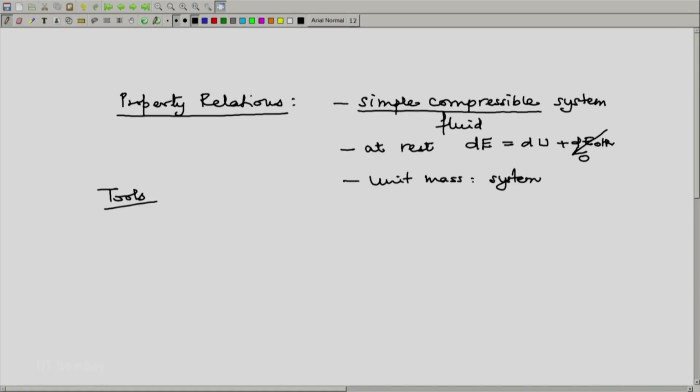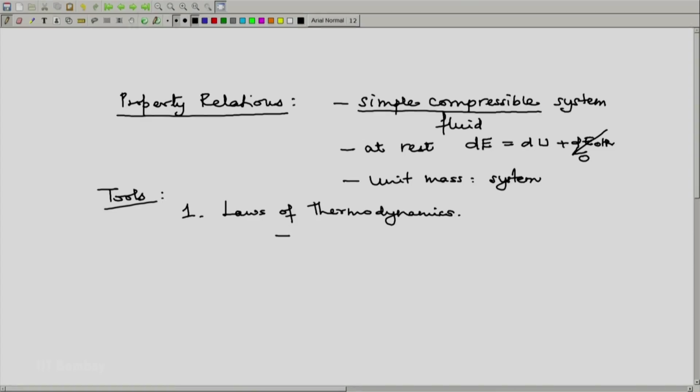Now what are the tools that we are going to use? First and foremost, the laws of thermodynamics. The first law, the second law in their proper mathematical form, and obviously what comes out of it is the basic property relation, which we have already seen, or the entropy relation.